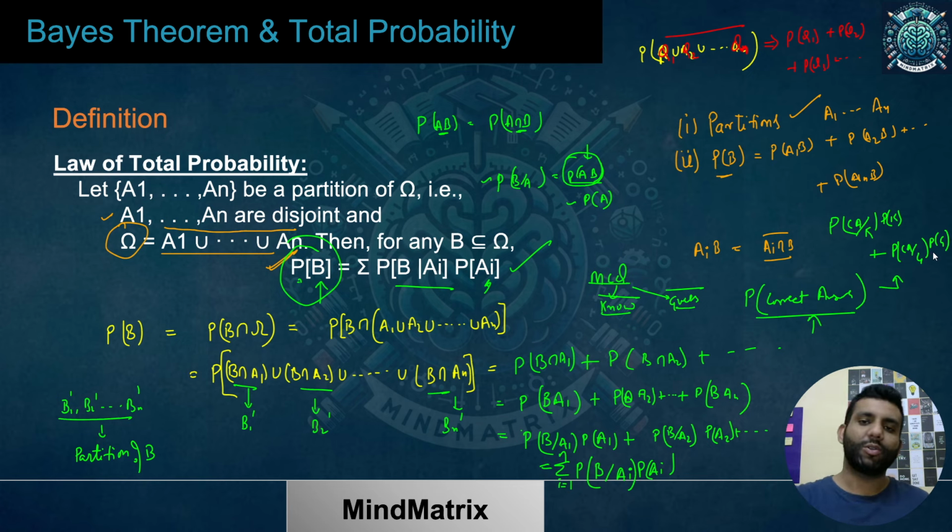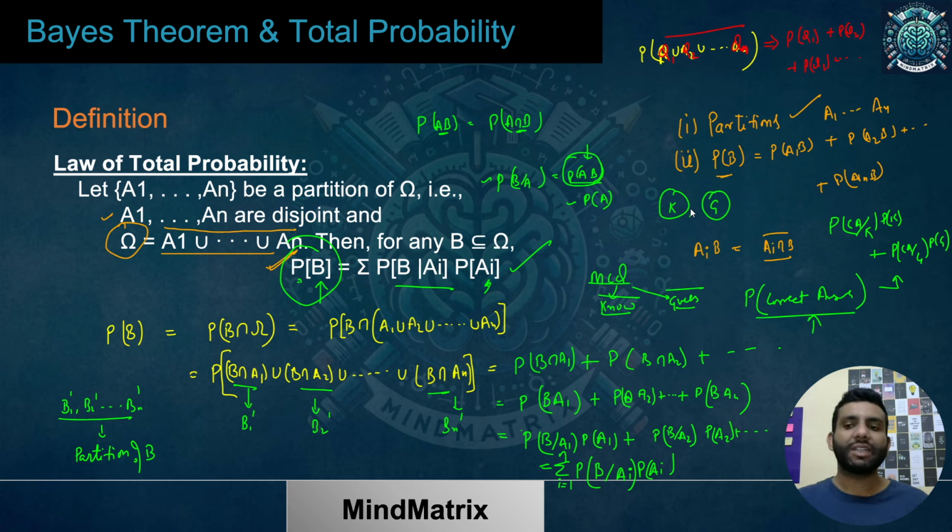Now you already know that for any question, either you will be knowing or you will be guessing. So this creates a partition. If you don't know the answer, then you will be guessing. So over here, K and G: K means you know the answer, G means you're guessing.